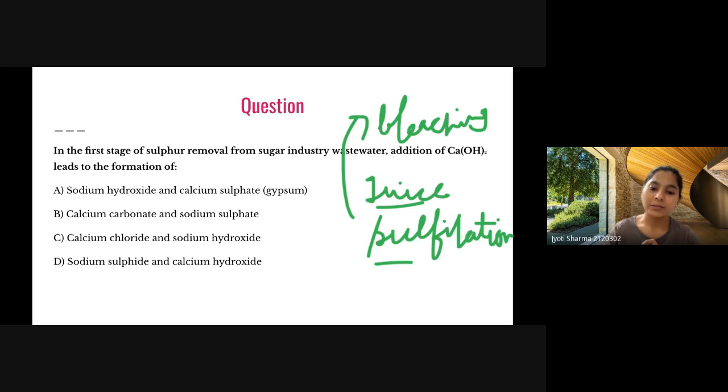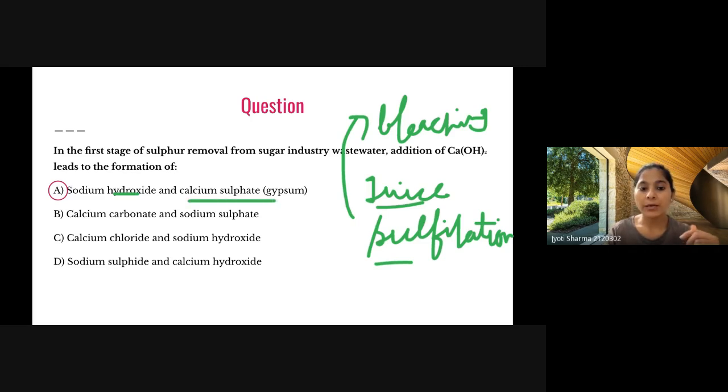And yes, I also agree with this A, because we need to remove this sulfur from the wastewater. And how will we remove that? We need to add calcium hydroxide, and there will be a reaction of sulfur with calcium hydroxide, and it will give you sodium hydroxide and calcium sulfate.